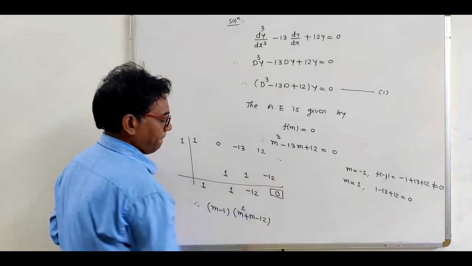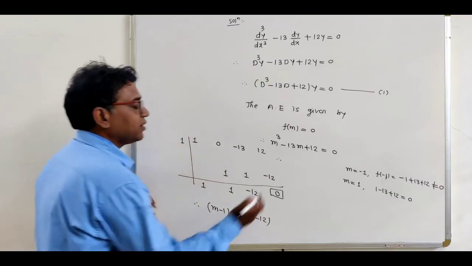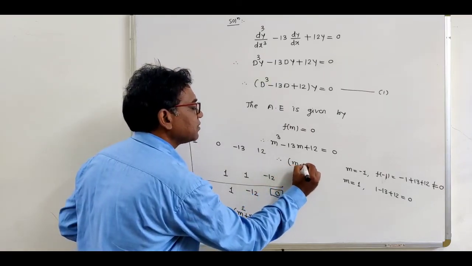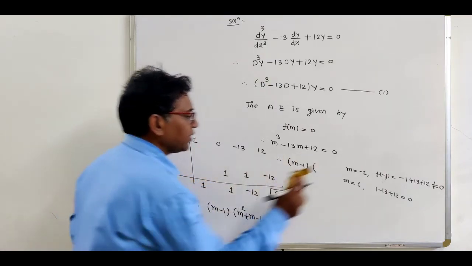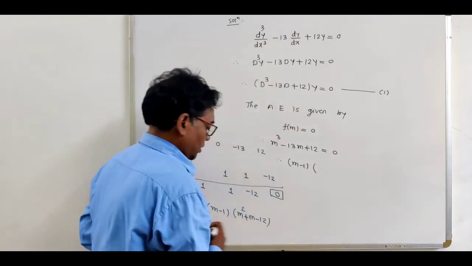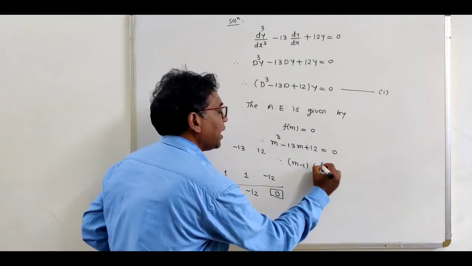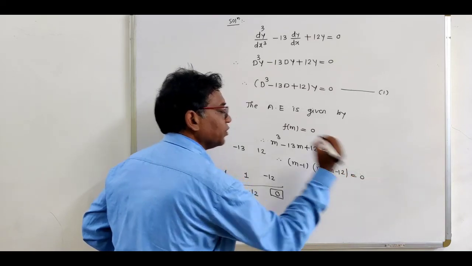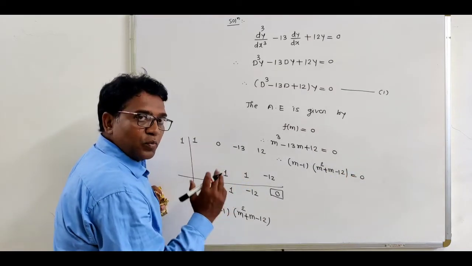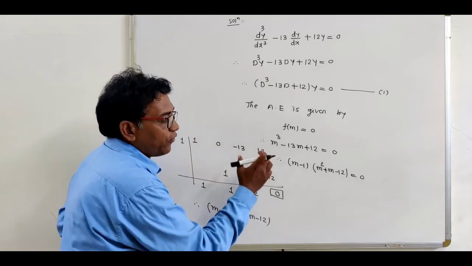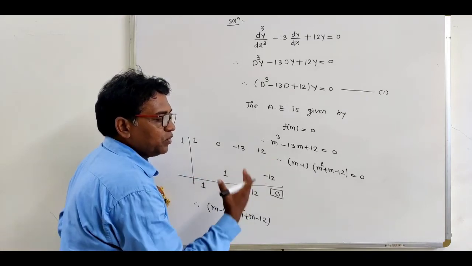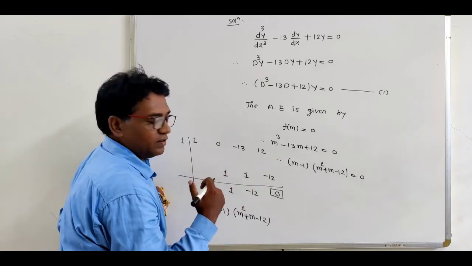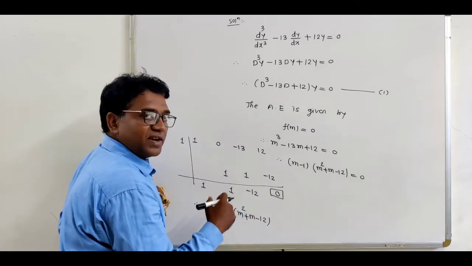So write down the factors. This is m minus 1, one of the factors, into the second bracket, write down this quadratic term m square plus m minus 12 equal to 0. So see how to factorize the cubic polynomial. For a cubic polynomial, we use the synthetic division method. What is the synthetic division method?